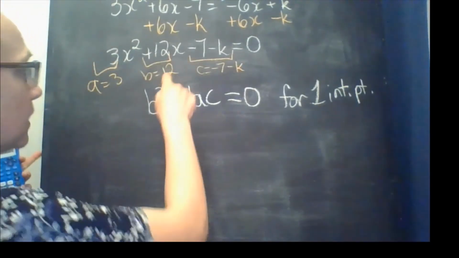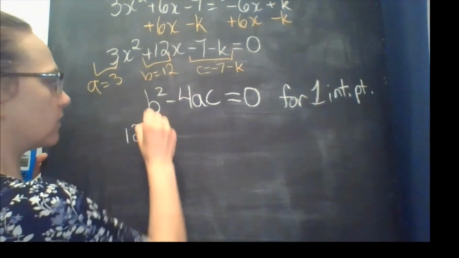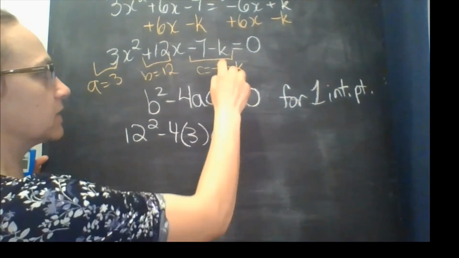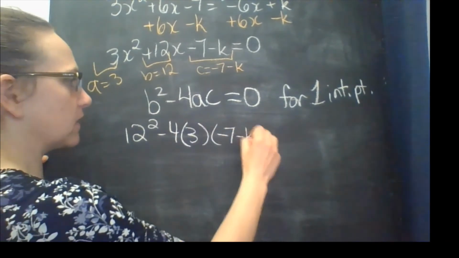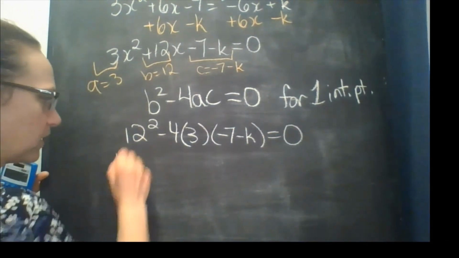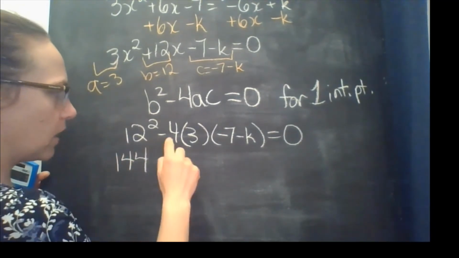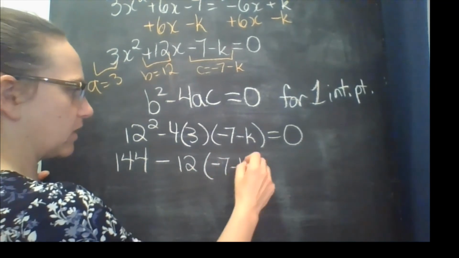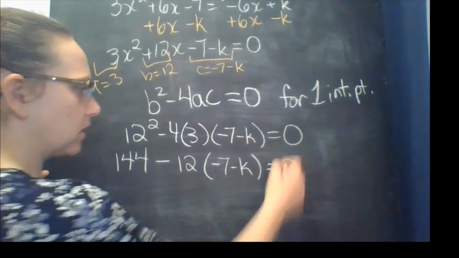Let's sub in. b is 12, so we have 12 squared minus 4 times a, which is 3, times c, which is this negative 7 minus k, all equals 0. Let's simplify. 12 squared is 144, minus 4 times 3 gives me 12, bracket negative 7 minus k, equals 0.